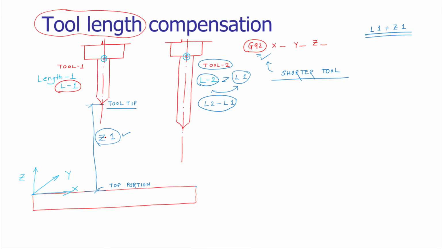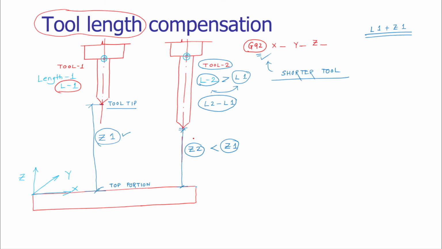So Z1 is the distance that the tool tip has to travel to reach the top portion. But L2 is more than L1. So the distance of the tool tip of T2 from the top portion, Z2, is less than the distance Z1.